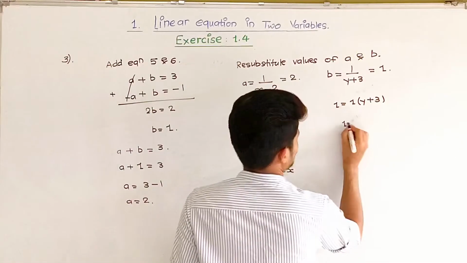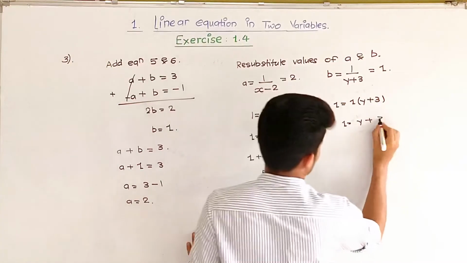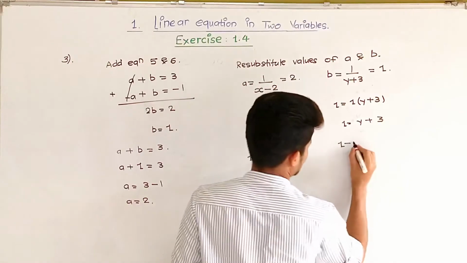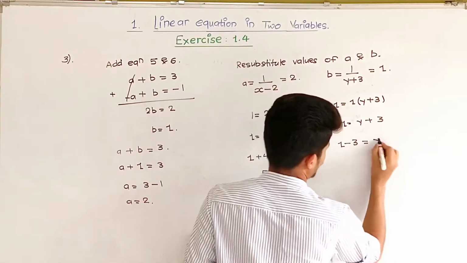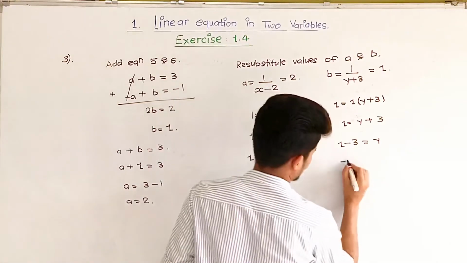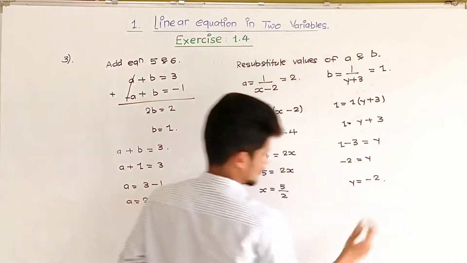Similarly 1 is equals to 1 into y is y, plus 1 into 3 is 3. 1 plus 3 comes here so minus 3 is equals to y. 1 minus 3 is minus 2 is equals to y. y is equals to minus 2.